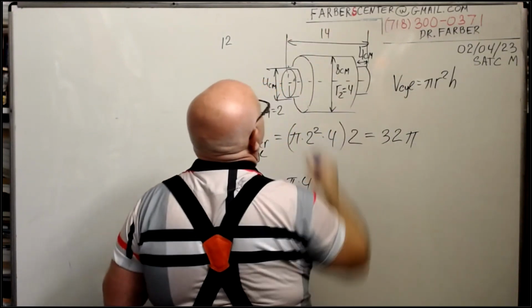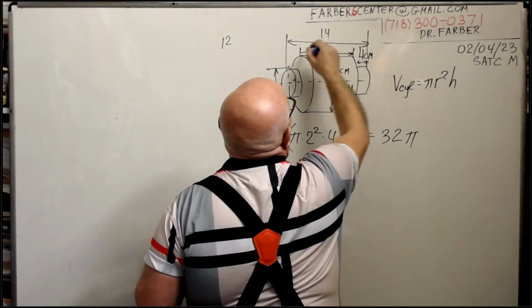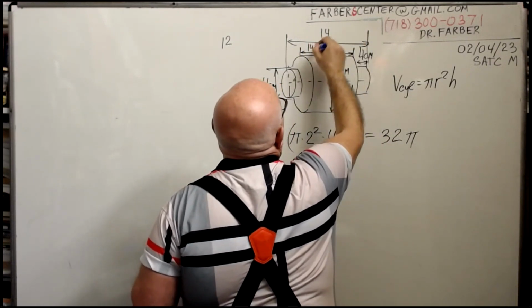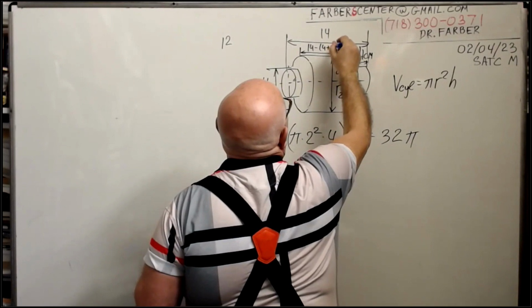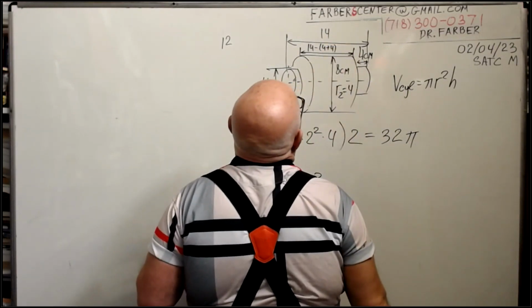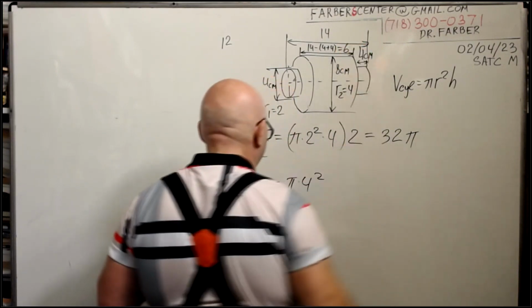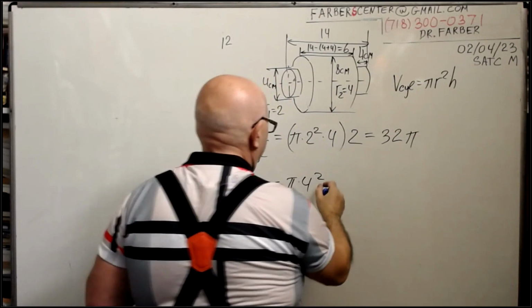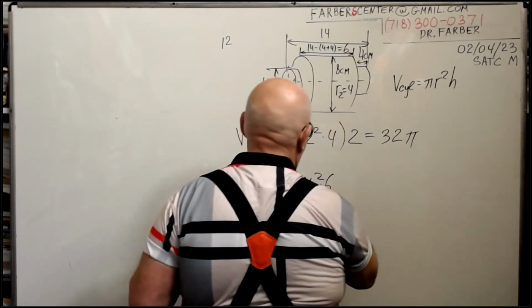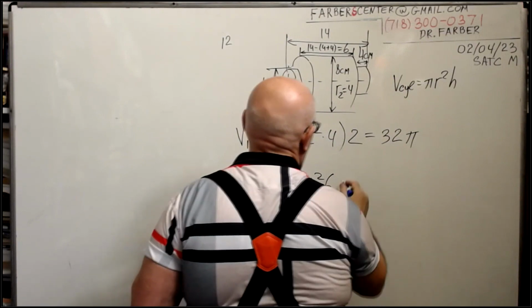Since this is 14, this one would be 14 minus 4 plus 4, because they stick out here and here by 4. 14 minus 8 is 6, times 16.